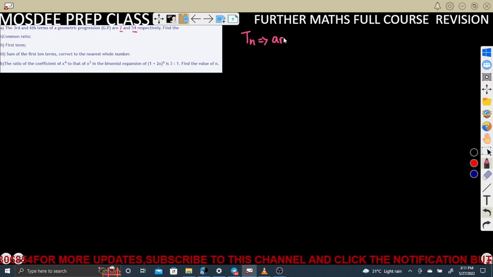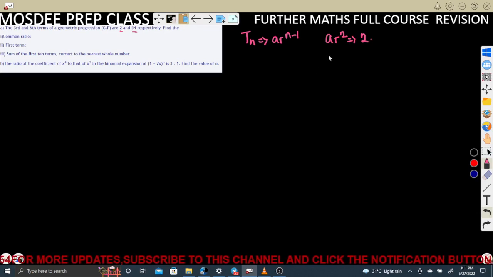So the third term is written as ar squared, and that was given to be 2. And the sixth term, when n is 6, is ar to the power 5, which is given as 54.